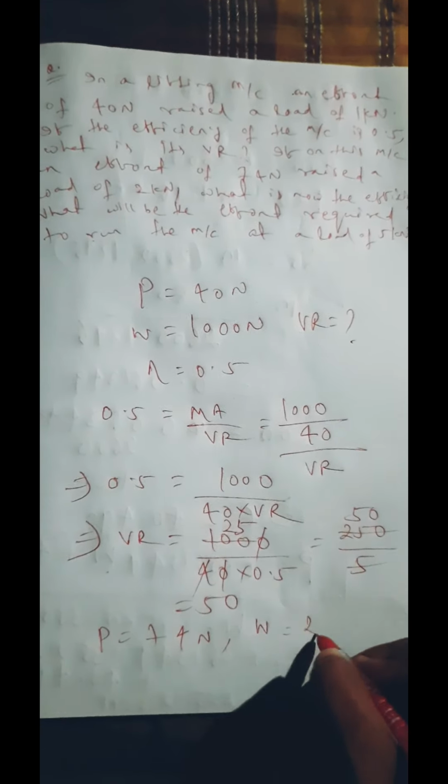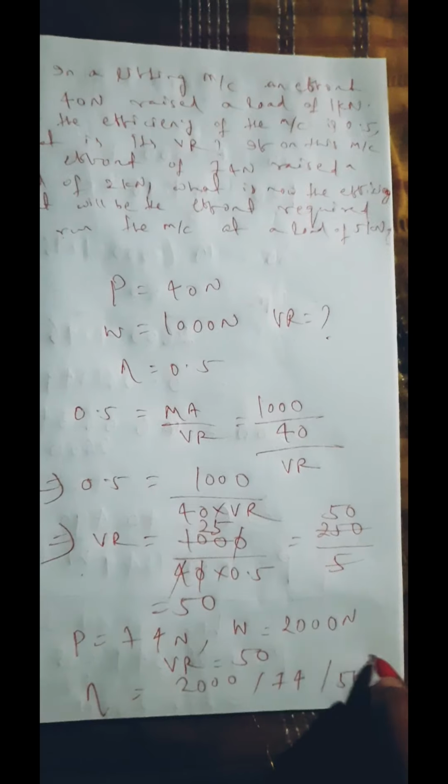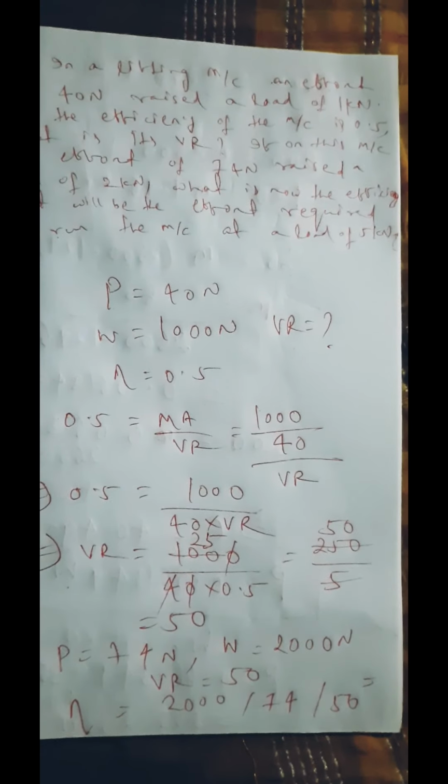Velocity ratio will not change, so velocity ratio is 50. Now it is asking the efficiency. So 2000 divided by 74 divided by 50, that is the efficiency. I'll check the answer.